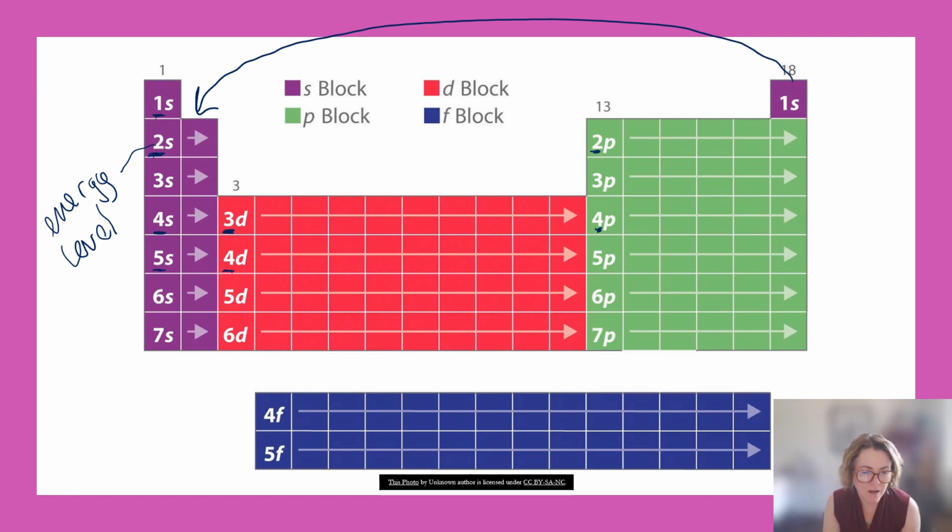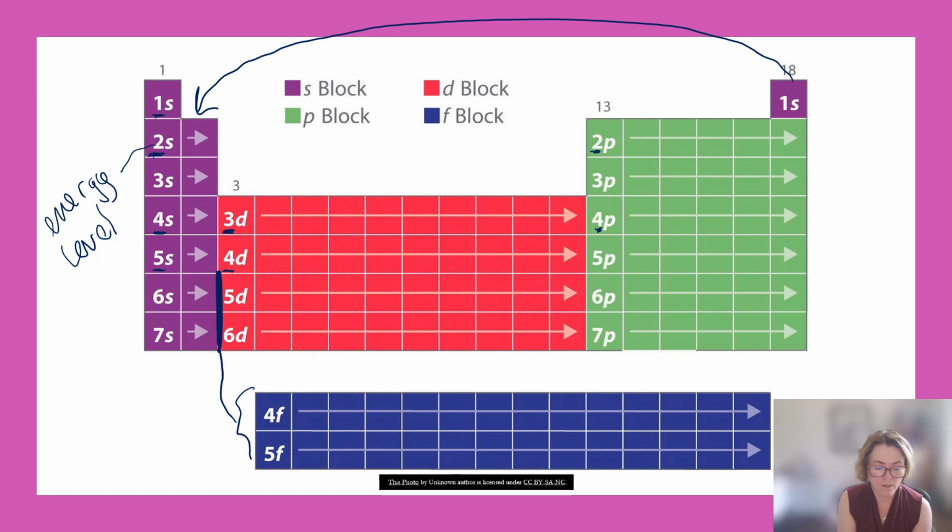And again, we really are not going to deal much with the F block elements. Those guys are down here, and they really go right here, right? They were actually moved and put down on the bottom to make the elements fit on a regular piece of paper. But 4F is really in period 6, and 5F is really in period 7.